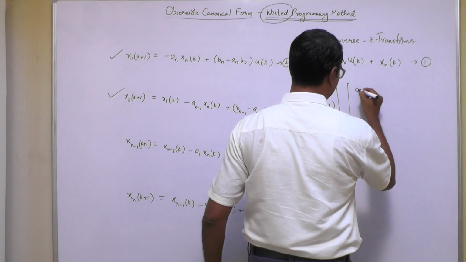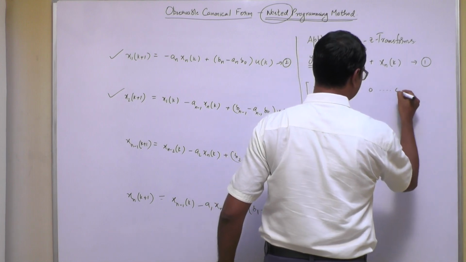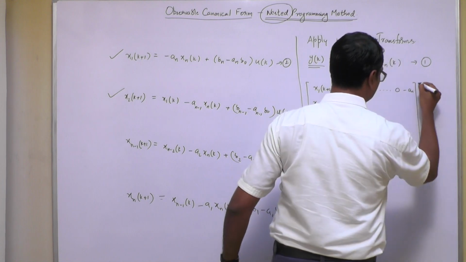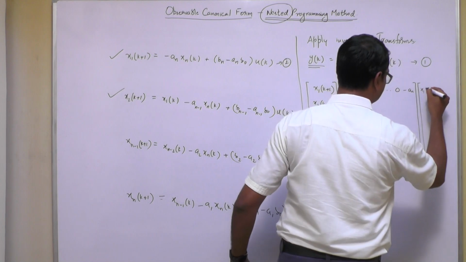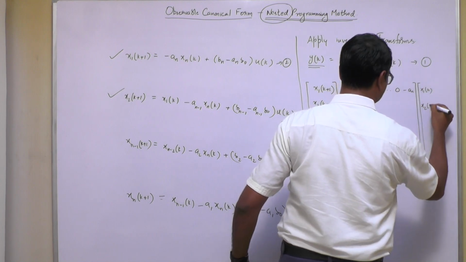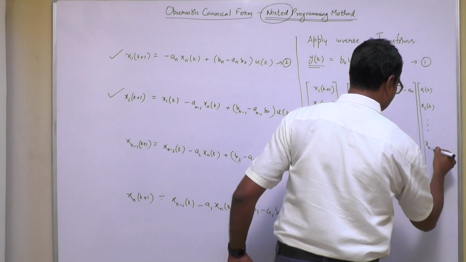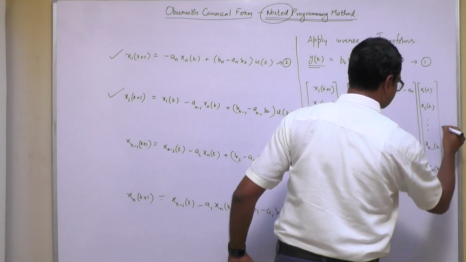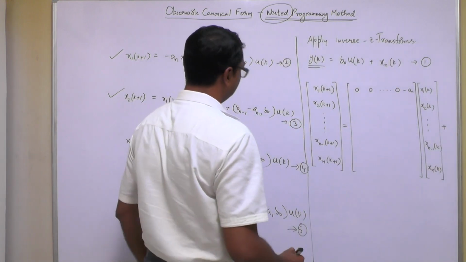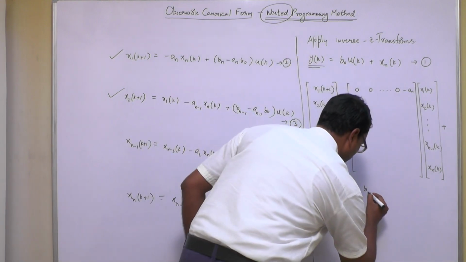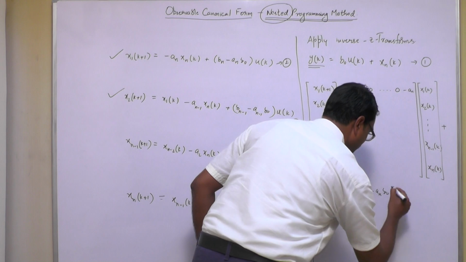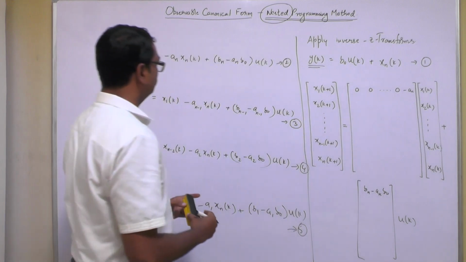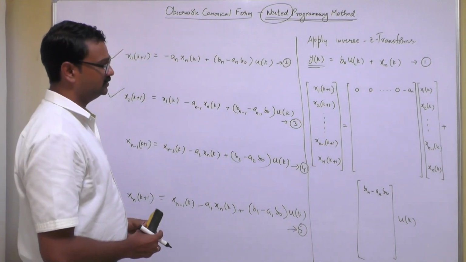So you can write 0, 0, 0 and minus an into x1k, x2k, xn minus 1k and xnk plus uk. You have this plus bn minus an b naught into uk. That is a single equation.